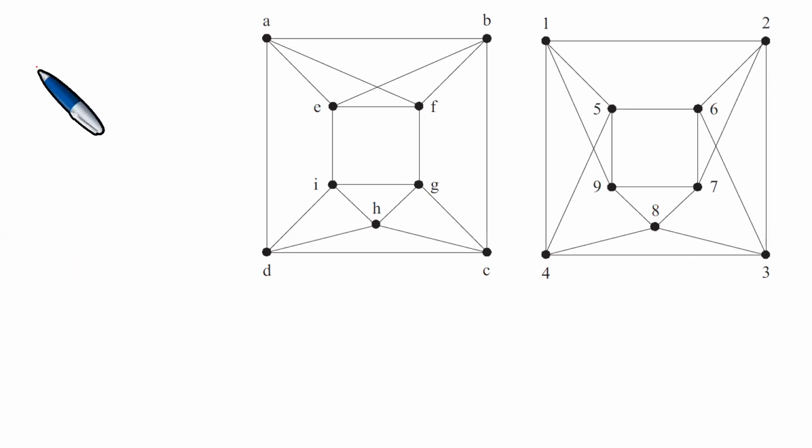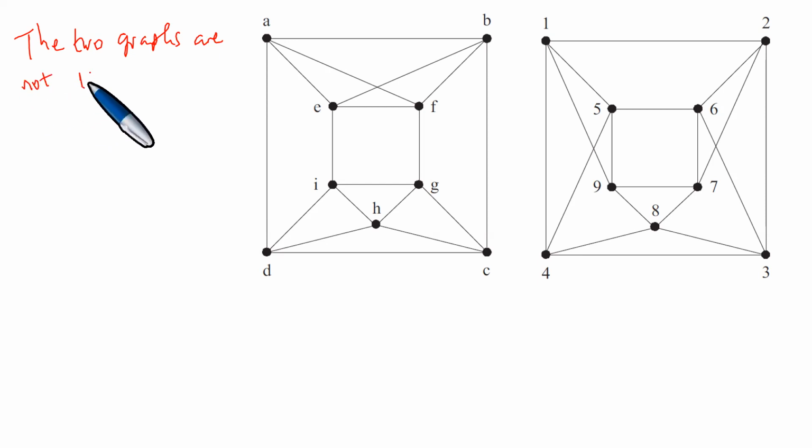Right, so we note therefore that the two graphs are not isomorphic because of that observation that I said, but we're going to discuss that. This is how we have to write the answer.